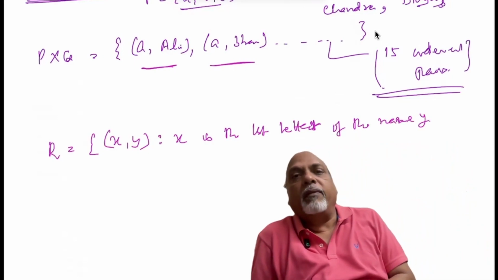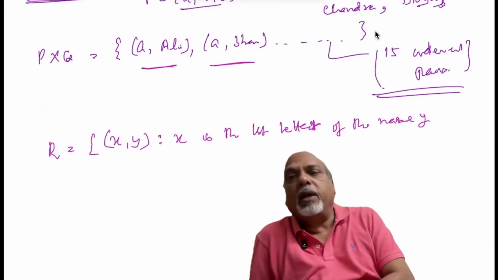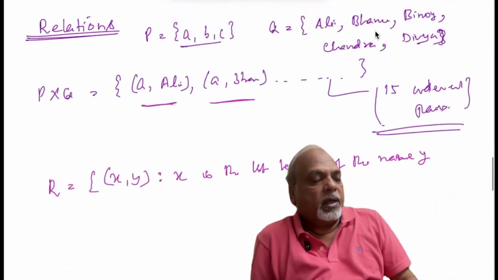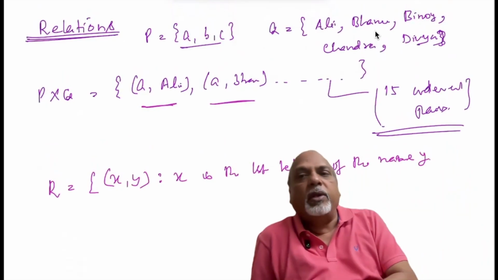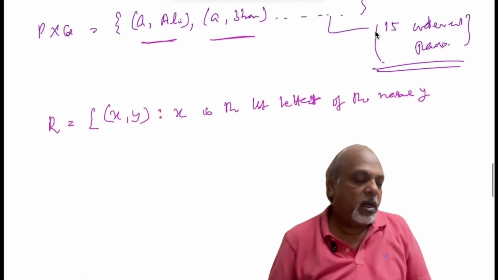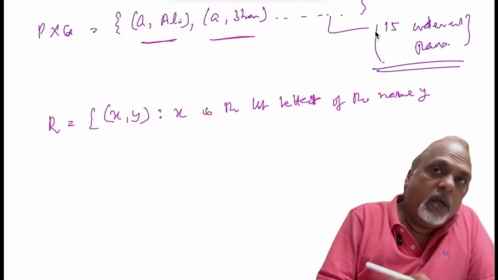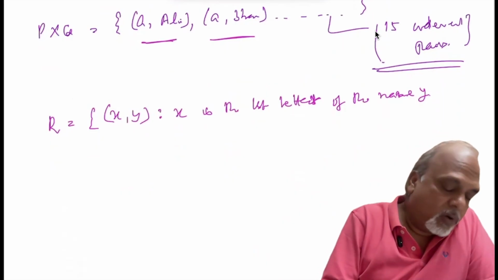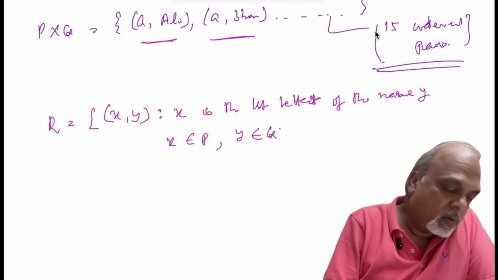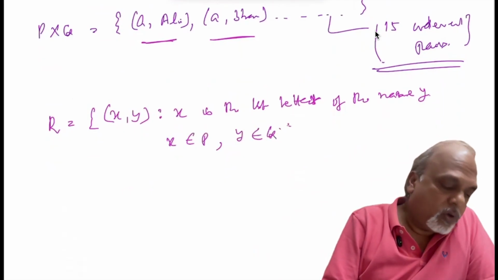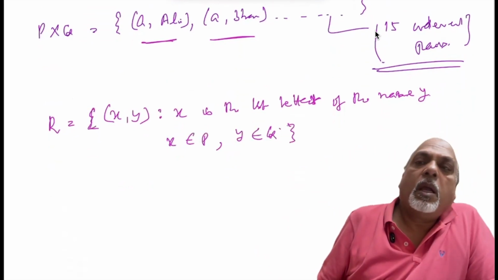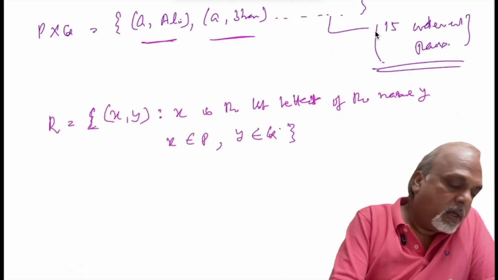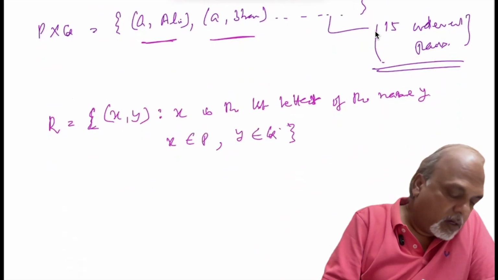Y is basically denoted by Ali, Bhanu, Binoy, Chandra, Divya, and x is basically A, B, C. Of course, x belongs to P and y belongs to Q. So this is the relationship we have defined here.